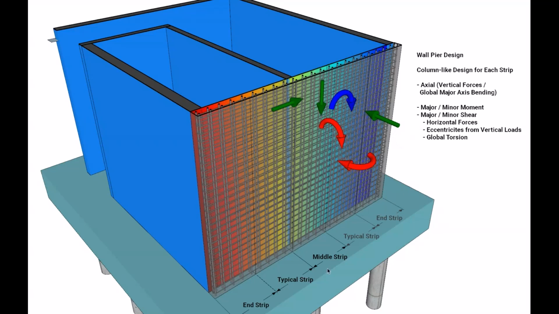We can now look at how MasterSeries goes about the design of each of the individual strips. So in this case, I'm actually showing 5 equal strips here. So we've got our global actions on the wall. We've got our global major axis bending, or vertical axial forces. And then we've got horizontal forces in both directions, and then some global torsion and some nominal eccentricities.